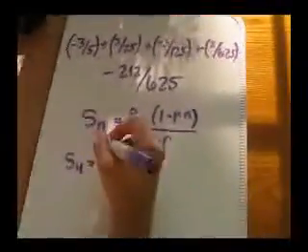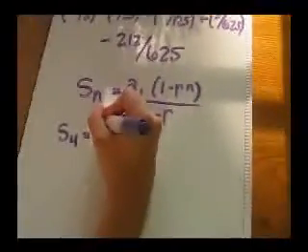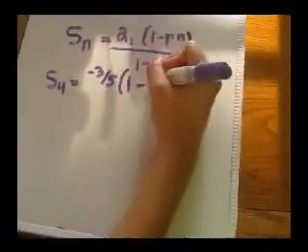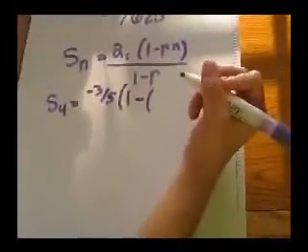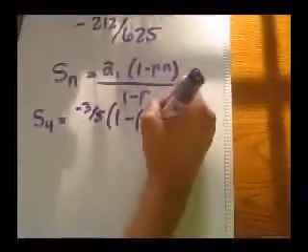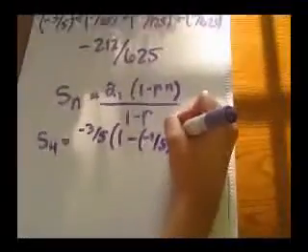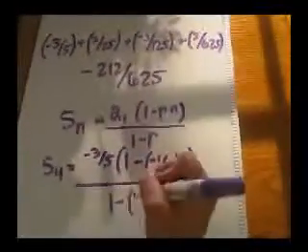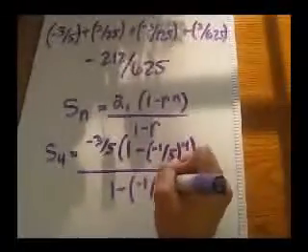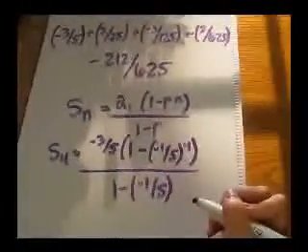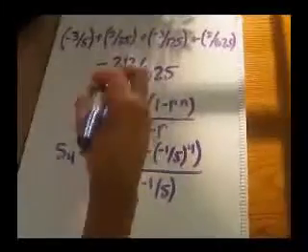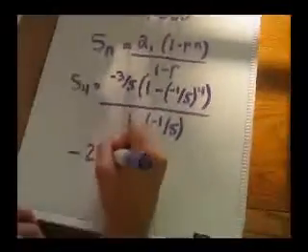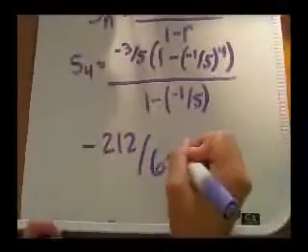Anyways, so a sub 1 is negative 3/5, times 1 minus r, which is negative 1/5, to the 4th power, all over 1 minus negative 1/5. And what does that answer come out to be? That answer will come out to be the same exact answer from the first one, which is negative 212 over 625.